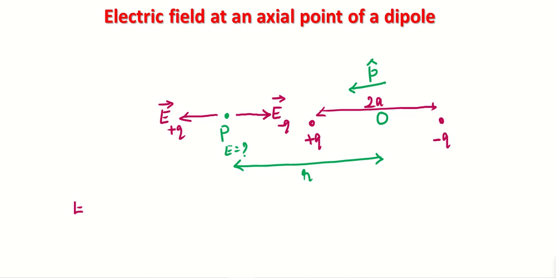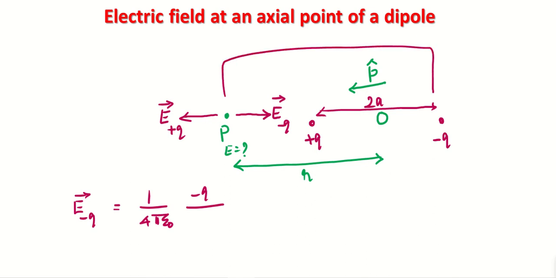Now, the electric field due to minus q charge, I will write first, because it is along the positive x direction. So 1 by 4 pi epsilon naught, minus q divided by, where is this point P? The distance between point P and minus q is r plus a, whole squared.